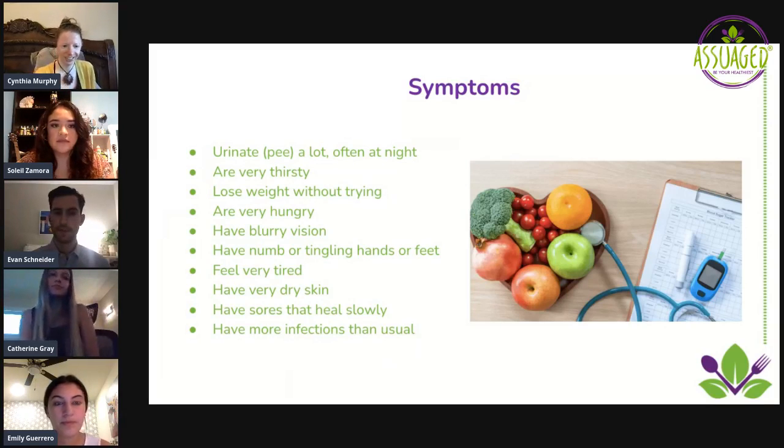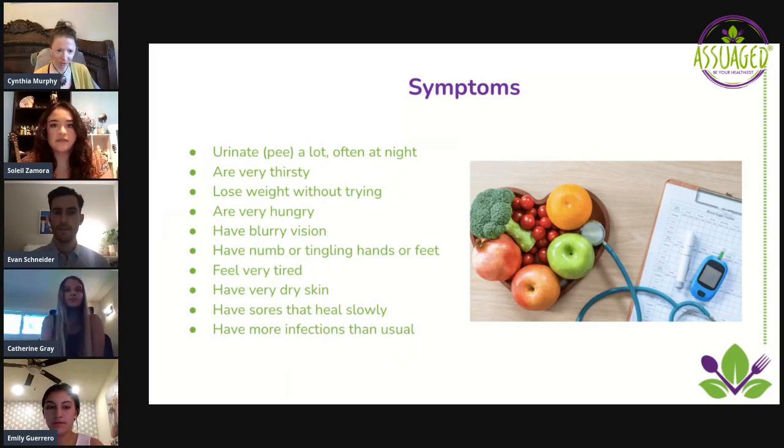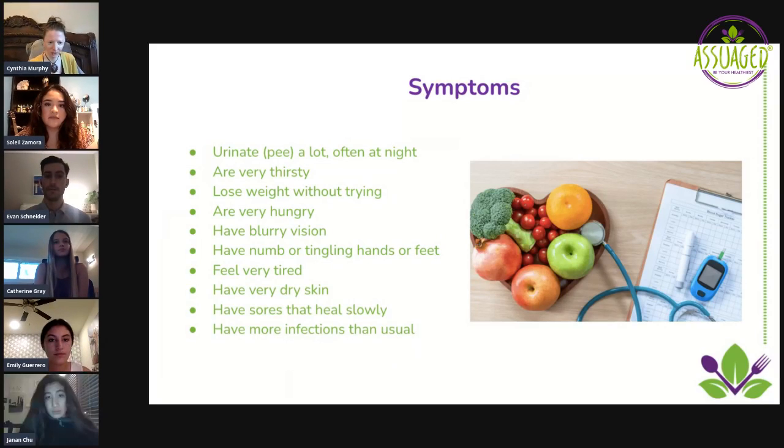In terms of type 2 diabetes symptoms, they often develop over multiple years and can go on for a long time without being easily noticed. Sometimes they aren't noticed at all. Type 2 diabetes usually starts when you're an adult, though more and more children, teens, and young adults are beginning to develop it.